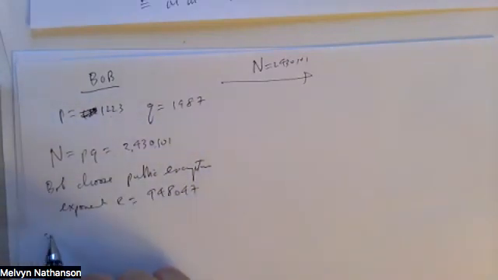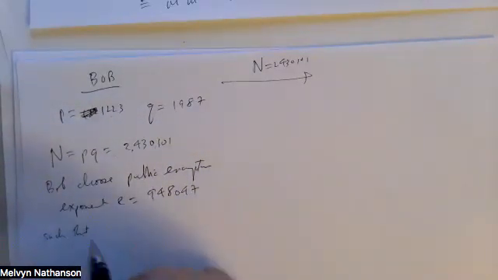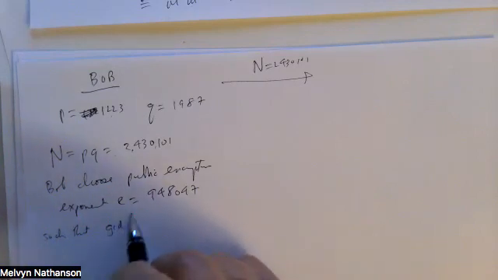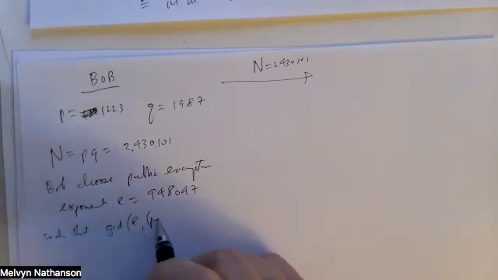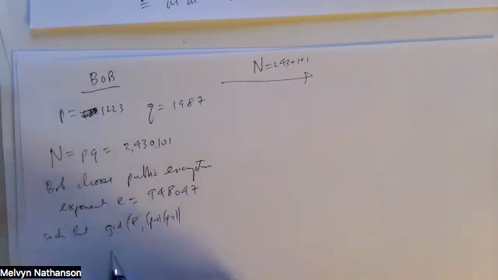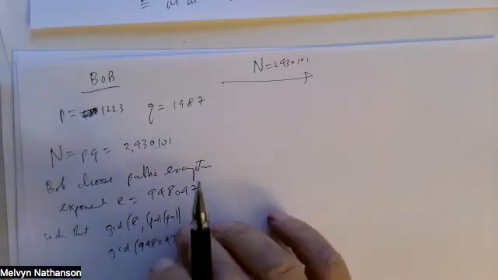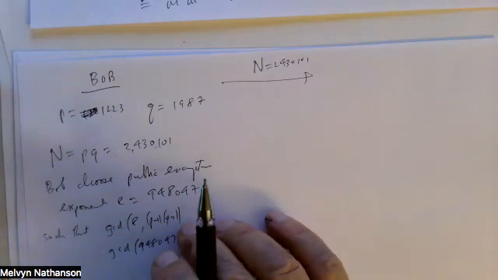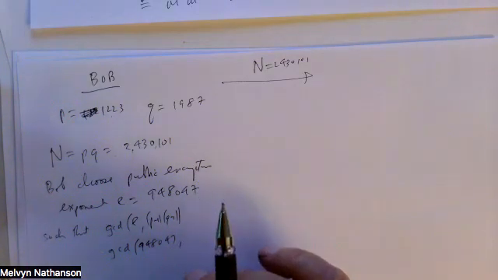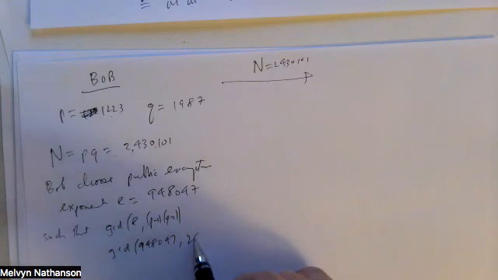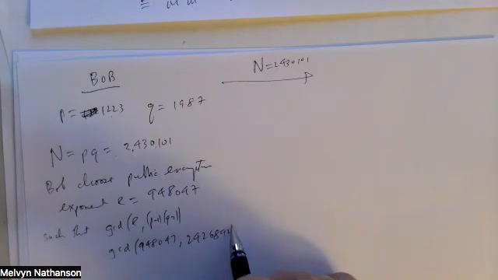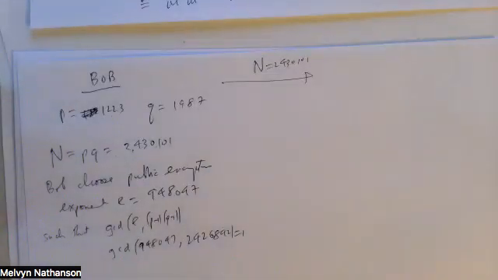And he chooses the exponent such that he knows that the GCD of E and (P minus 1) times (Q minus 1), that's the GCD of 948,047 and the product of these two numbers, which is 2,426,892, equals 1.